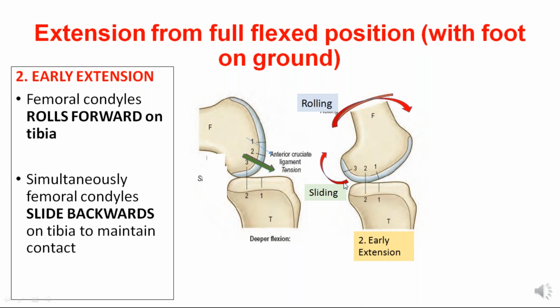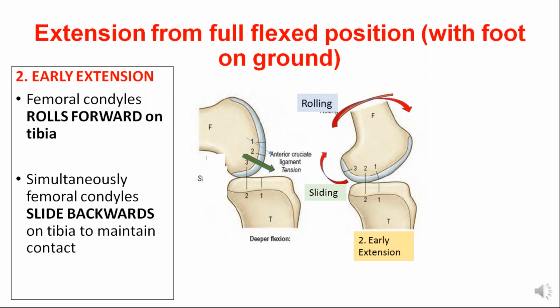This is to maintain the contact. Because of this rolling and sliding movement, the knee joint undergoes extension. In the picture, earlier point number 3 was making contact with point number 2 on the tibia. But later, the more anterior portion of the femoral condyle, that is number 2, is making contact with the number 2 area on the tibia, T2.